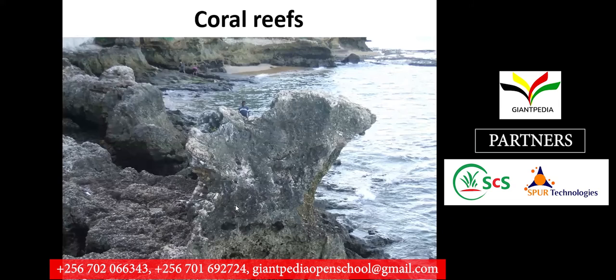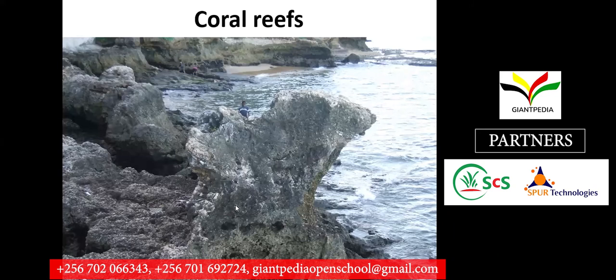But usually waves transport them. Are coral rocks found in Uganda? No, there are no coral rocks in Uganda. The coral rocks are along the East African coast. The types of coral reefs, fringing reefs, barrier reefs, and atolls, will be another topic.